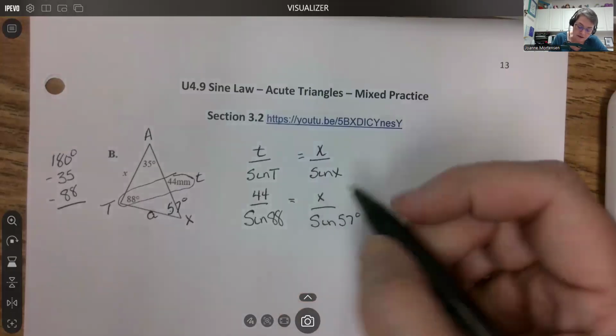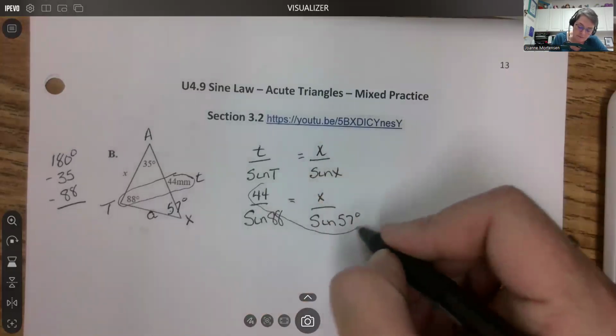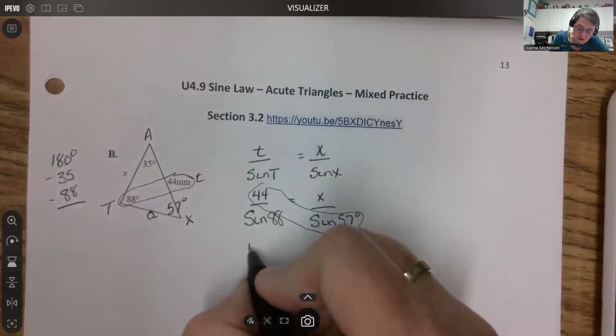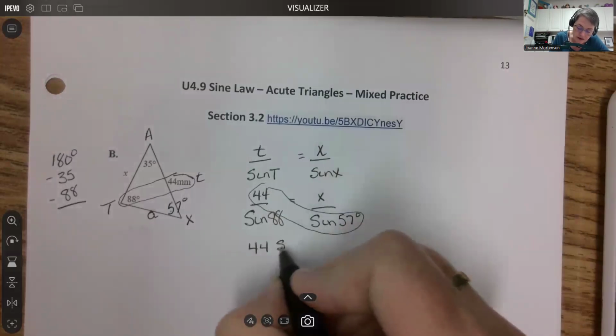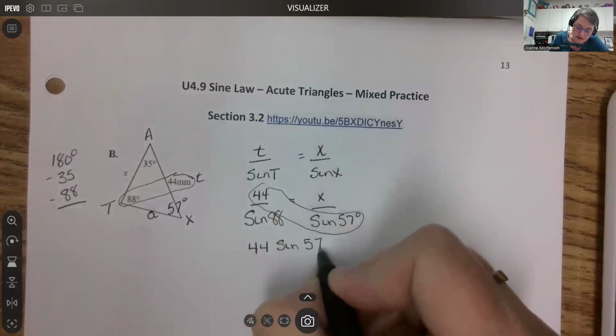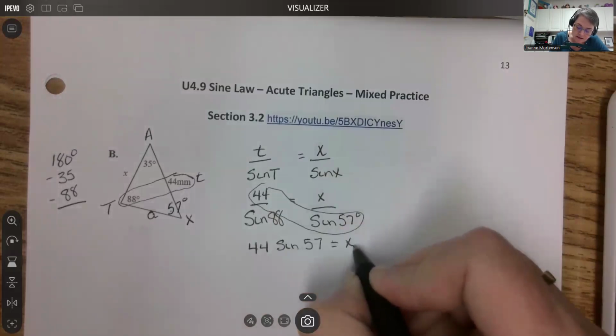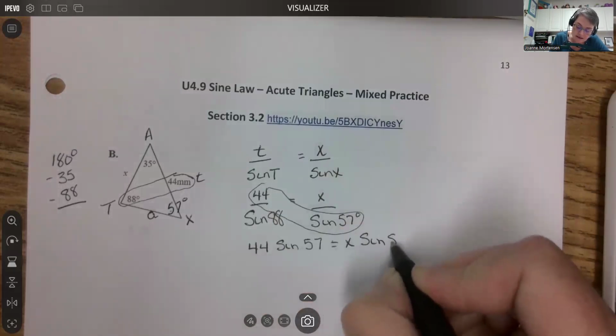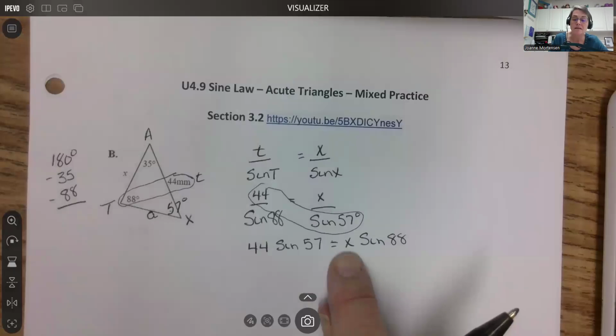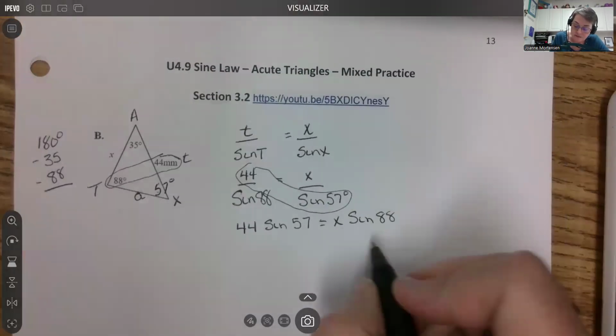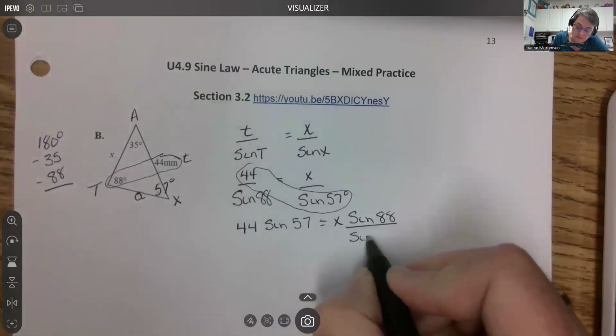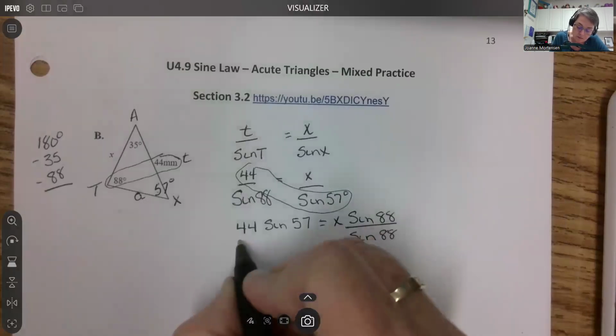Let's cross multiply. 24 sine 57 is equal to x sine 88. I want x by itself, so we're going to divide by sine 88 on both sides.